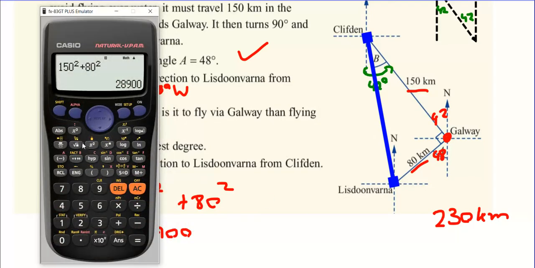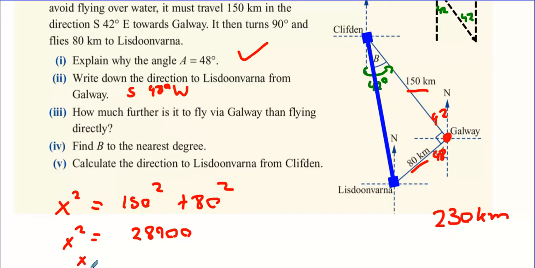I think it's about 170 kilometers. So 230 take away 170 is 60 kilometers more.